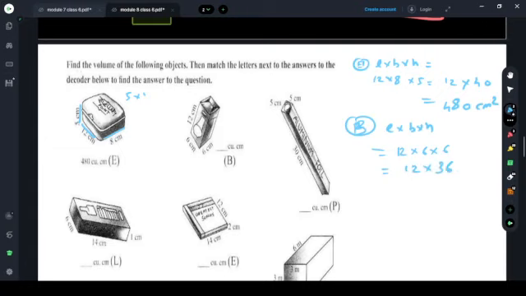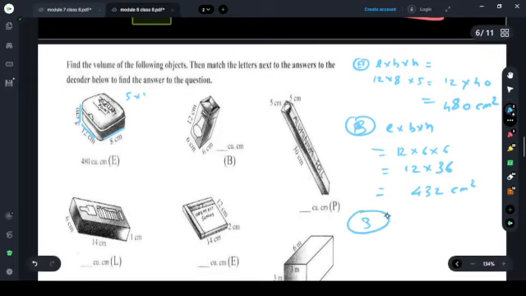You have to simply multiply it and find out the area. 432 centimeters square. Okay, now we will find it for this one, and the remaining you will find.